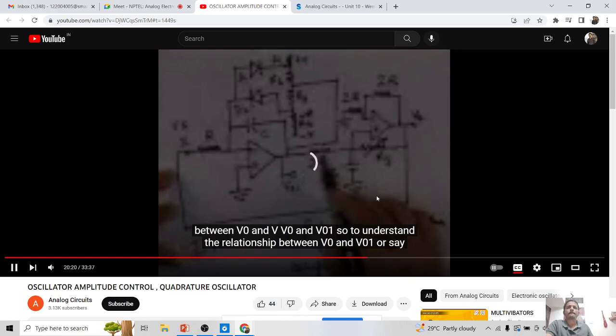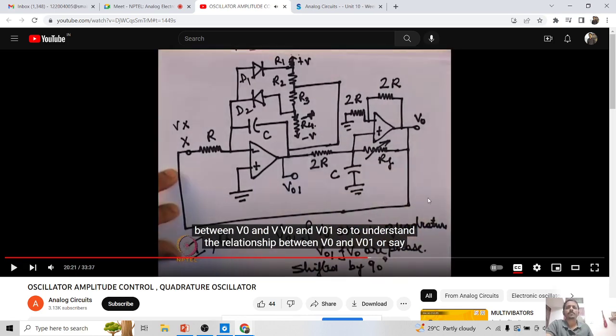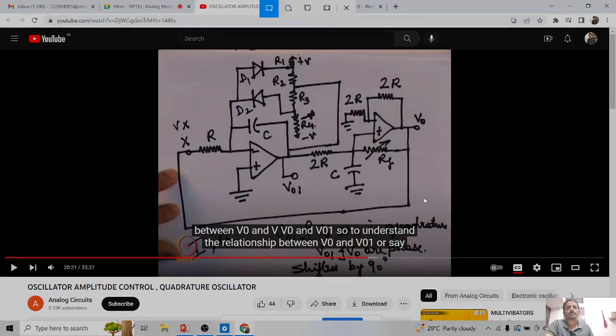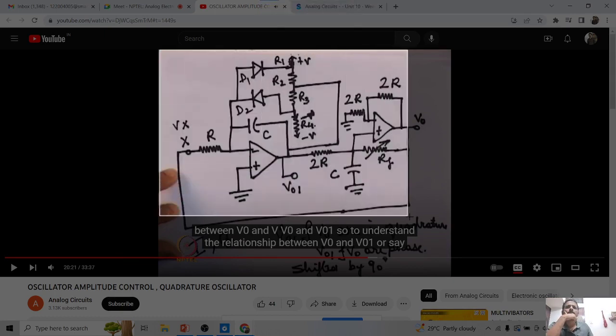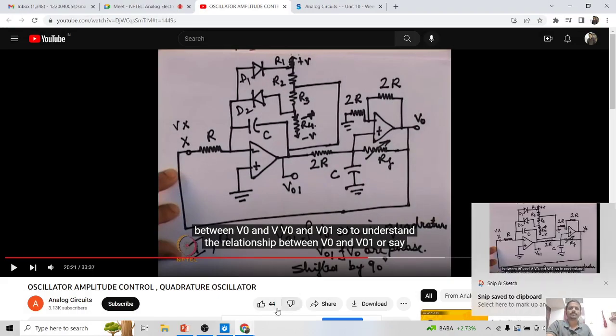Okay. It is similar to the Wien bridge itself, right? So check.